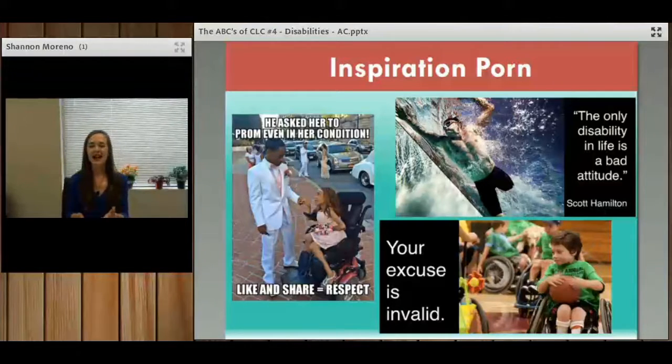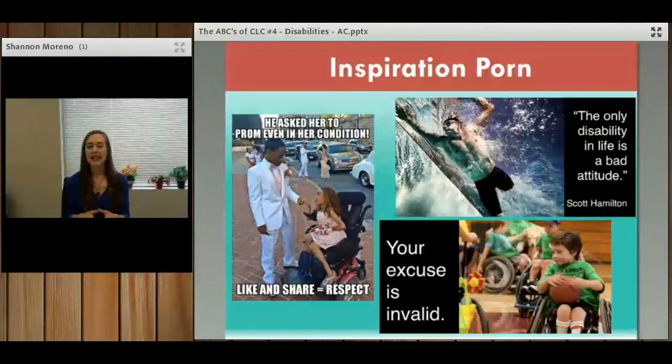So as far as how this inspiration porn impacts the disabled community, being identity first language, I could say communities of persons with disabilities, to use person first language there.